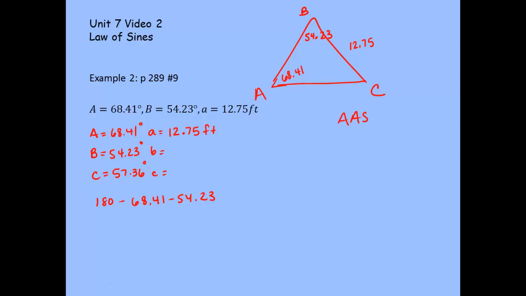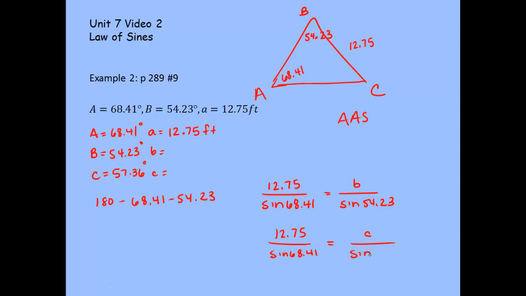So let's go ahead and set up my law of sines in order to find side B and side C. So I'm going to use the one I know the most about as my base one. So I have 12.75 divided by the sine of 68.41 will equal little b over the sine of 54.23. And 12.75 over the sine of 68.41 will equal little c over the sine of 57.36.